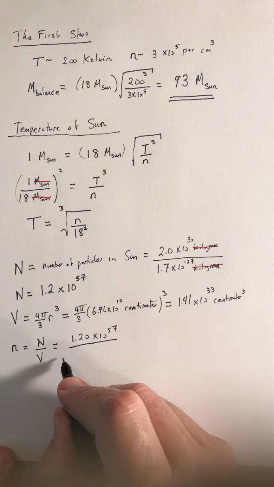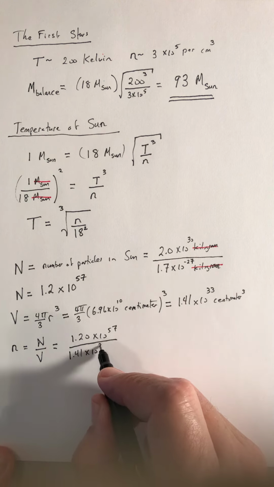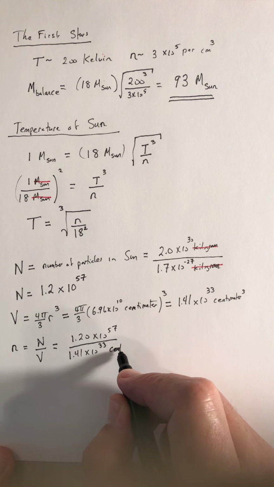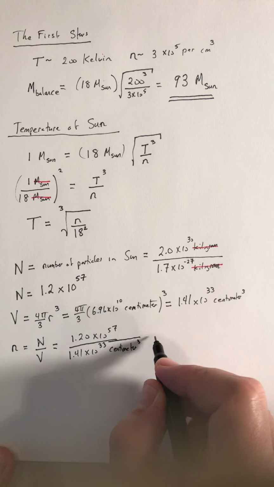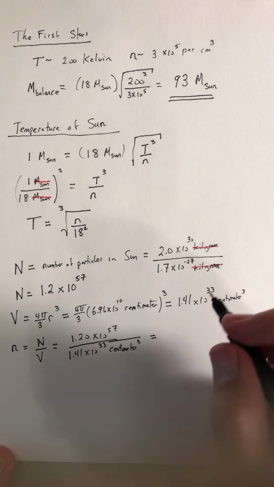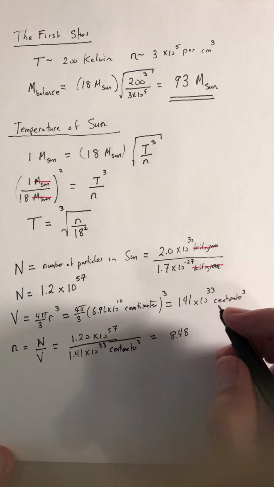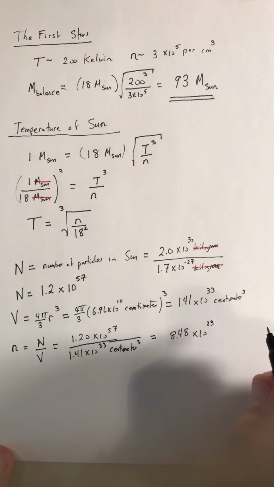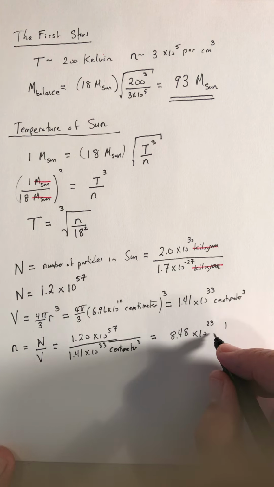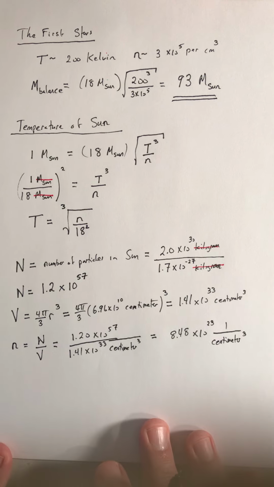And two things we just calculated, and that's going to give me 8.48 times 10 to the 23 per cubic centimeter. So 1 over centimeter cubed.